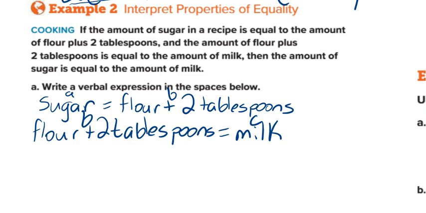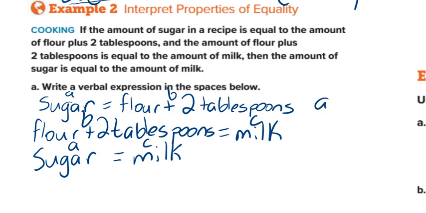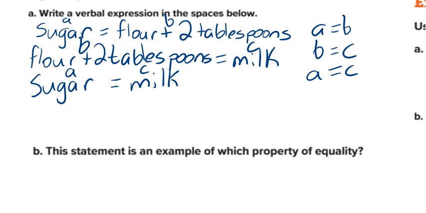That's a new thing, so I'll call it C. Then it says the amount of sugar, which I called A, equals the amount of milk, which I called C. So we had A equals B, B equals C, A equals C. That fits our transitive property.